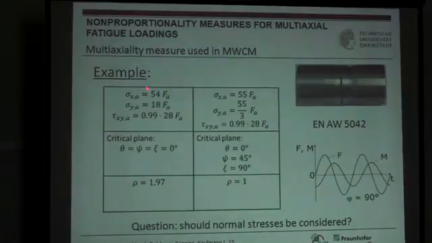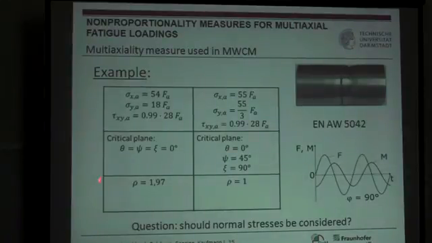Instead of the factor 44 or 54, we have the factor 55. And what happens if this evaluation is performed, the position of the critical plane is quite different. In this case, it's basically not rotated at all. And in this case, it's rotated by 45 degrees. This one. And by 90 degrees in the other direction.